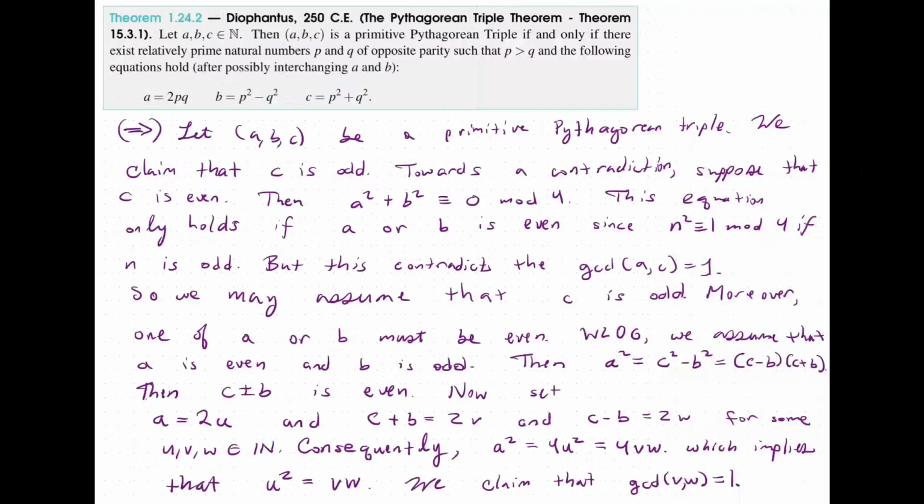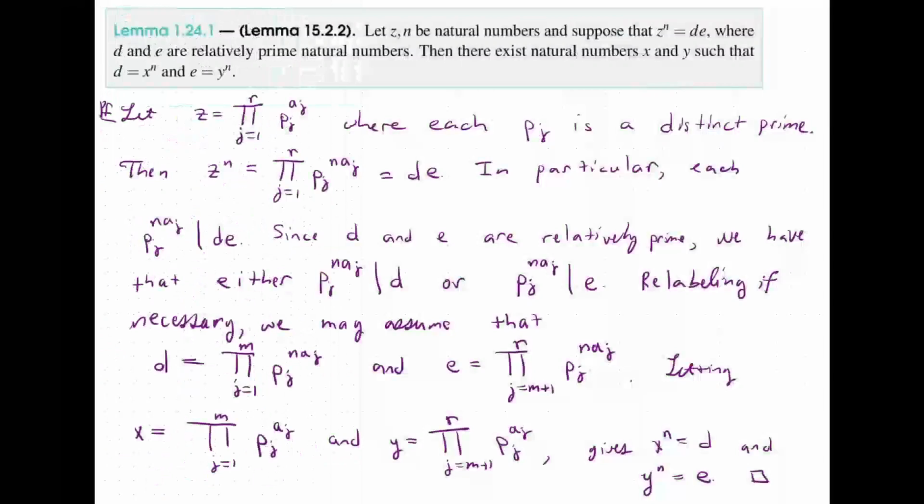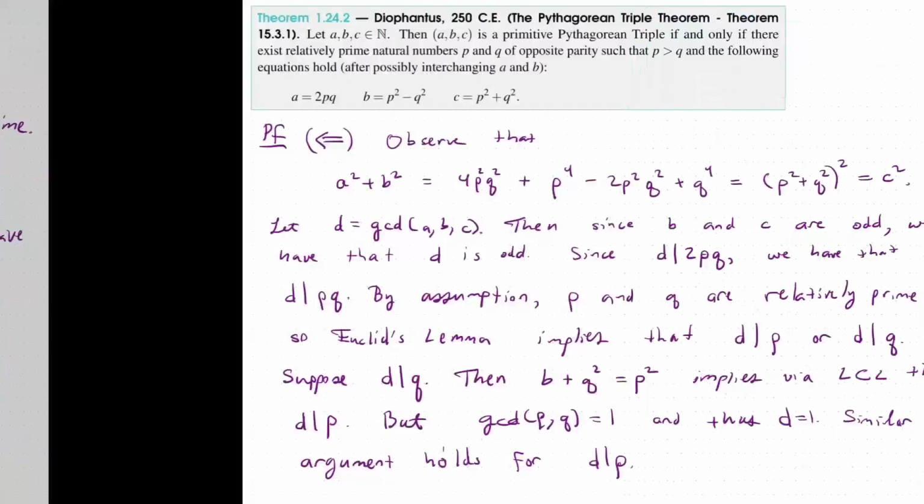But now we are in the context of lemma 1.2.4.1. We have a square is equal to a product of two quantities that are relatively prime, so those quantities must be perfect squares themselves.